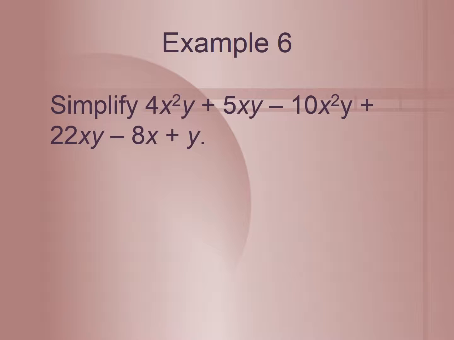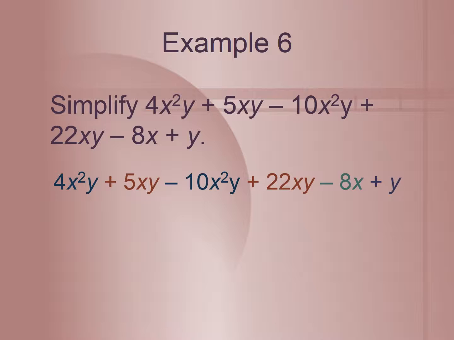Let's try another one. 4x squared y plus 5xy minus 10x squared y plus 22xy minus 8x plus y. So this one, you have to be careful and make sure that you're identifying like terms. Here, the dark blue, I have 4x squared y.